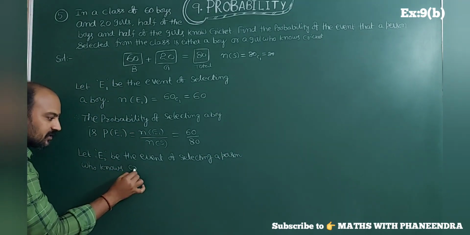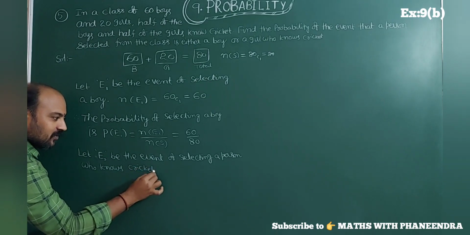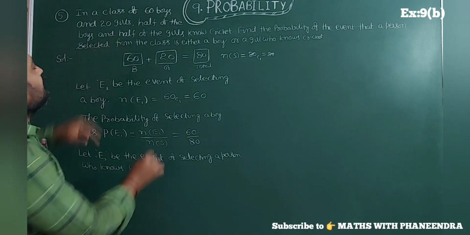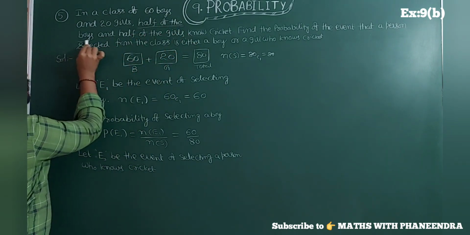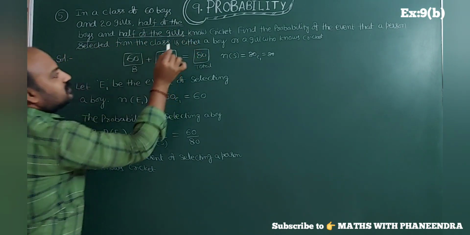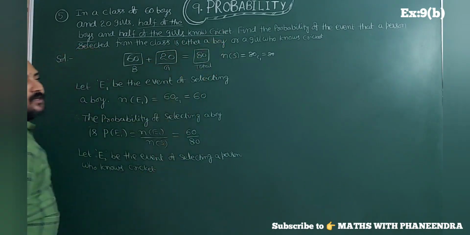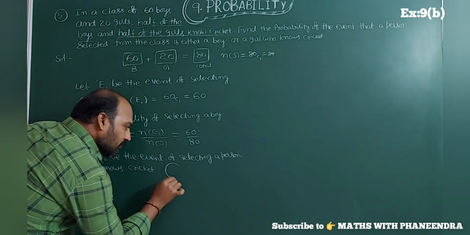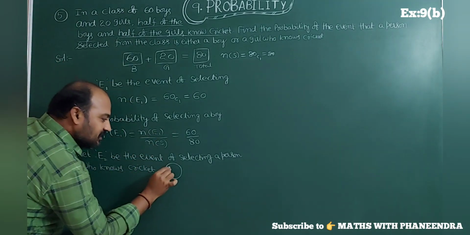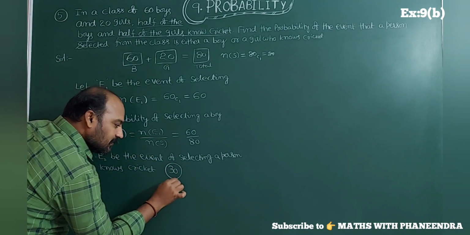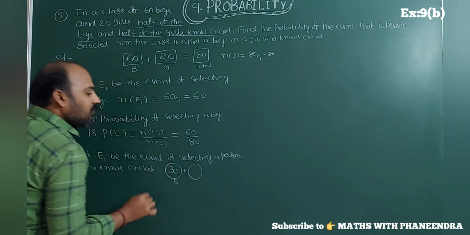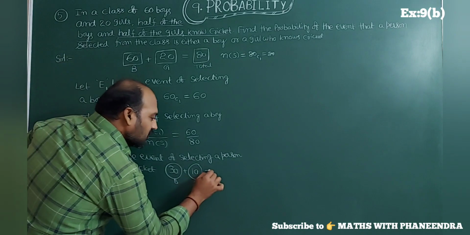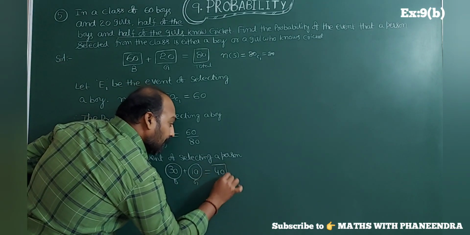See, observe carefully, dear students. A condition will be there, half of the boys and half of the girls know cricket. So how many boys are there? 60 boys are there. So half of the boys in that 60 is 30 boys plus half of the girls, 10. So total 40 persons.